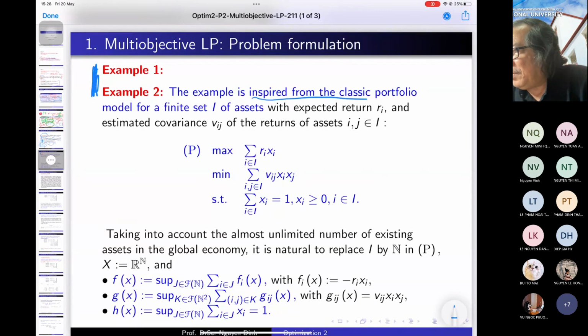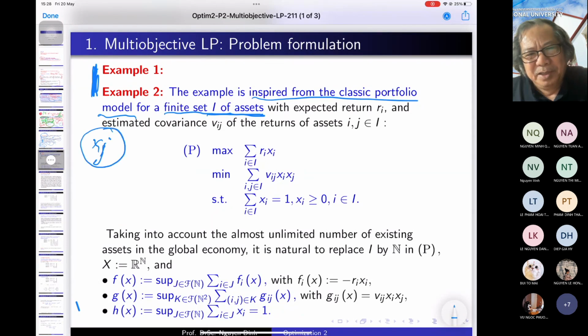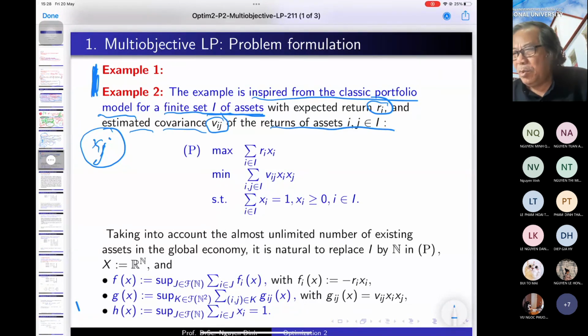The example is inspired by the classical portfolio model of a finite set of I assets. The proportion of the portfolio we invest is xi, which has return ri, and the estimated covariance of xi and xj is vij of the return. So, for example, we calculate this. This is the total return.